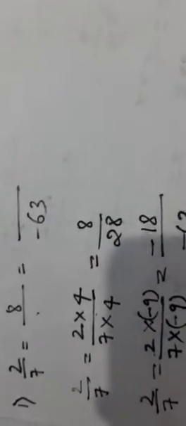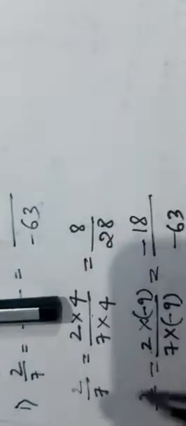So here I write 2 by 7, and with what you multiply the 2 in the numerator, you get 8. 2 fours are 8. So I multiply the same number 4 in the denominator. 7 fours are 28. Therefore this blank has to be filled with 28.